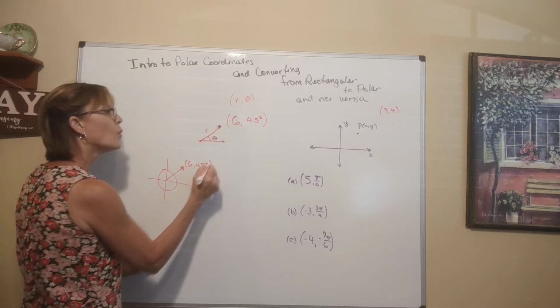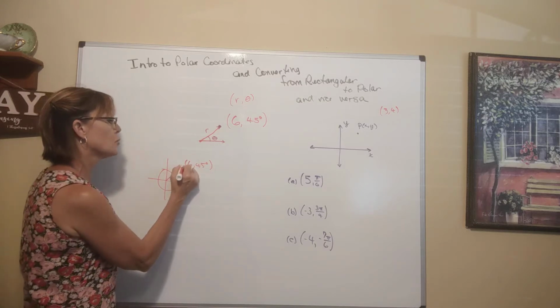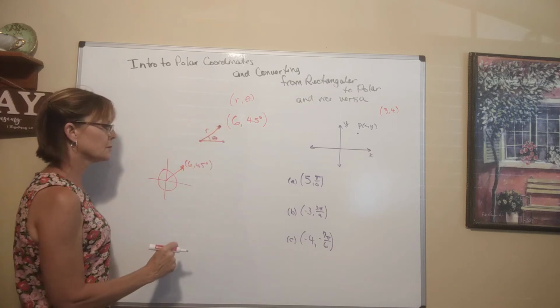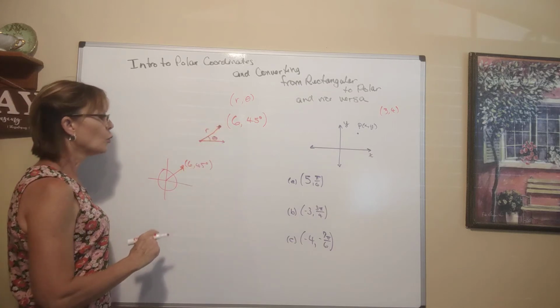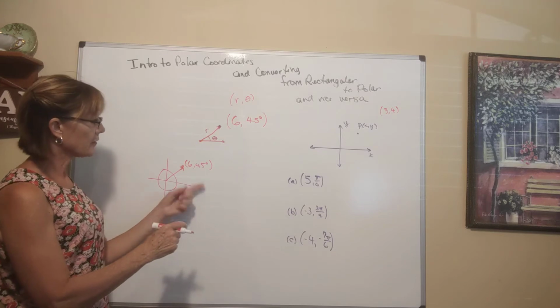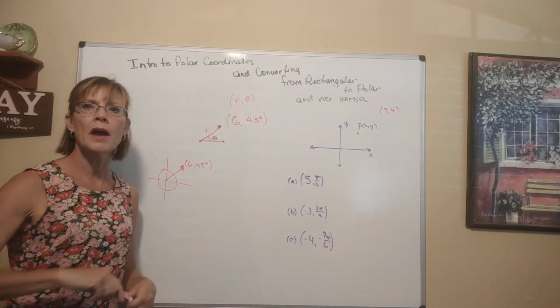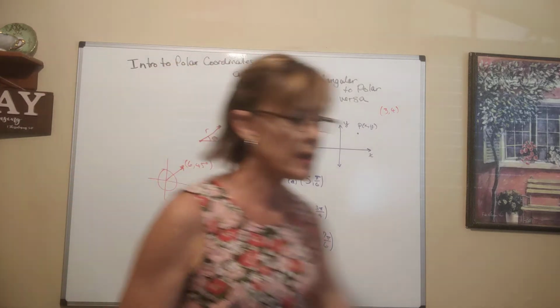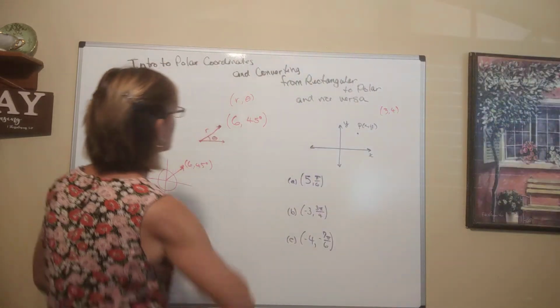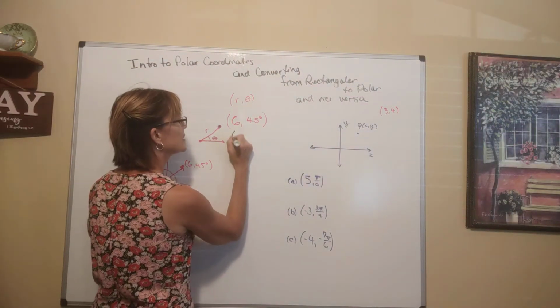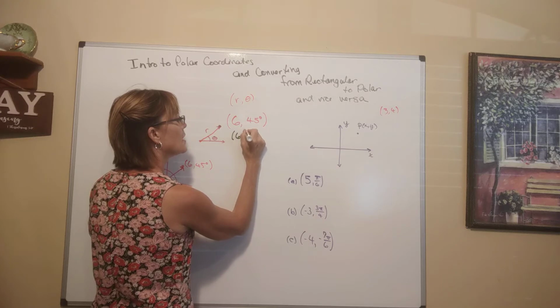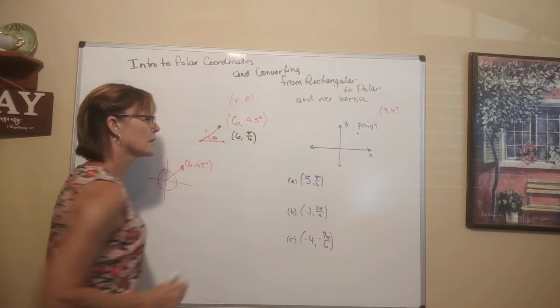What's another way we could describe this point in space? Instead of calling it 45 degrees, we could talk about it in radians. Here's one way: we could also describe this point in space as 6 pi over 4.